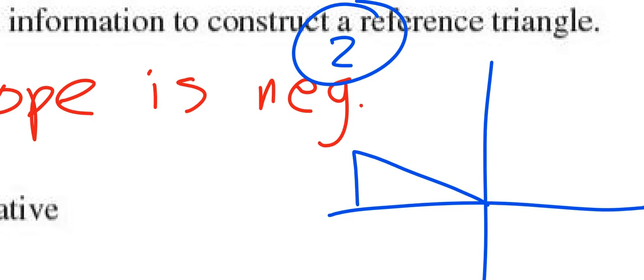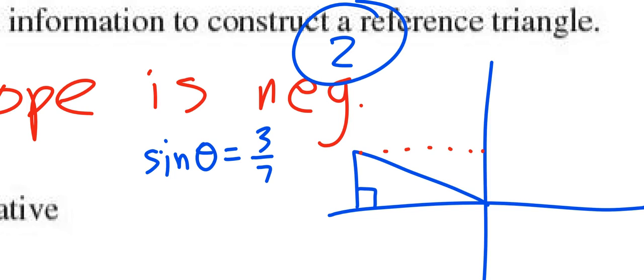I may not be right on this, as far as how steep it is. But I've been told that the sine of theta, which we could actually figure this out, is 3/7. Is it bigger than a half or smaller than a half? It's smaller than a half. Well, guess what? It kind of looks like I am smaller than a half.